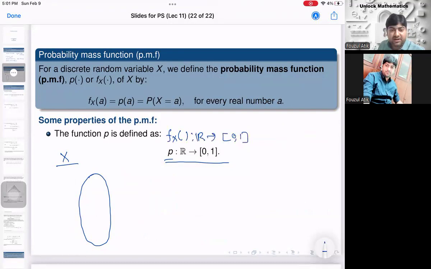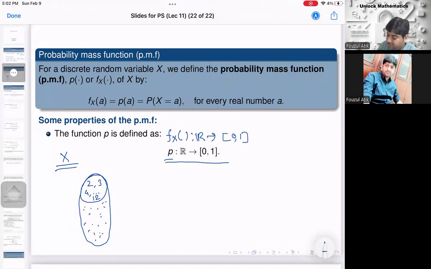Now why is it the real number set? This random variable has some values. Suppose in our experiment of rolling two dice, X is the sum of the dice. So this portion is 2, 3, 4 up to 12, and these other portions are any other real numbers other than these values.